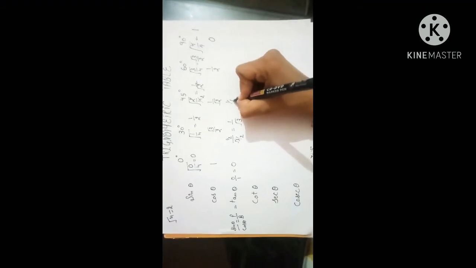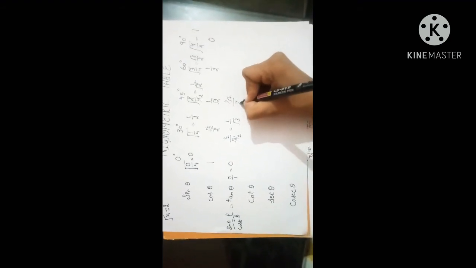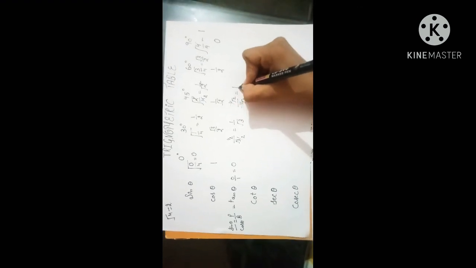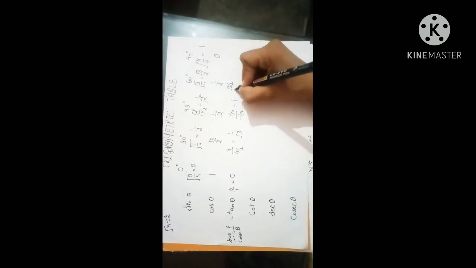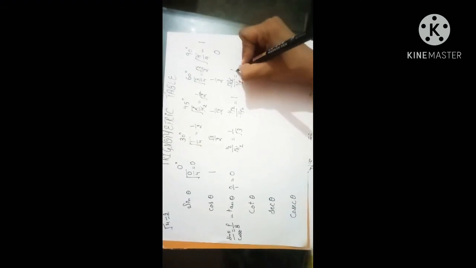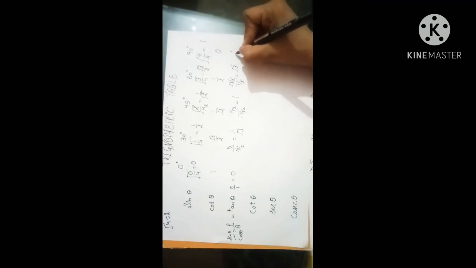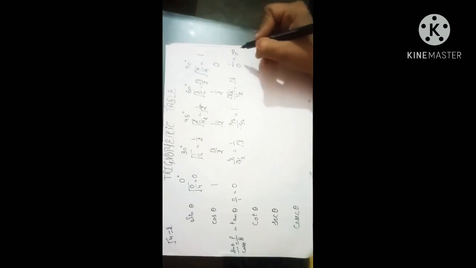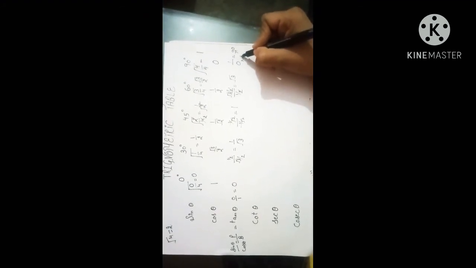Now 1 upon root 2 over 1 upon root 2 totally cancels and we get 1. Next, root 3 upon 2 over 1 upon 2, the 2 gets cancelled with 2, we get root 3, and the last one is 1 upon 0. 1 upon 0 is nothing but infinity, that is, its value is not defined.